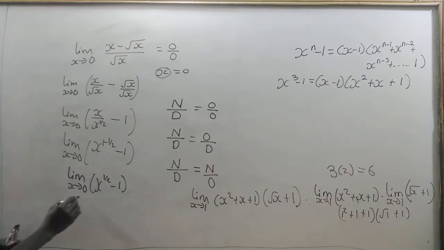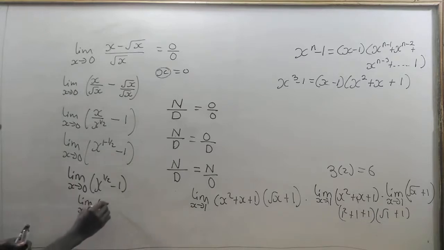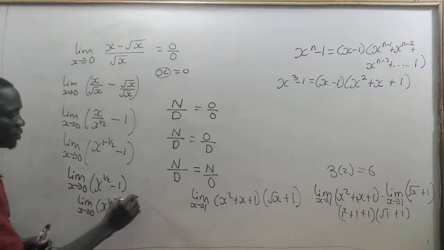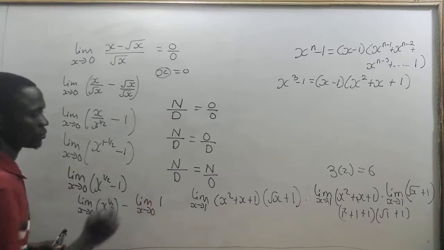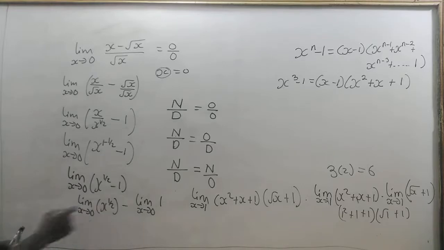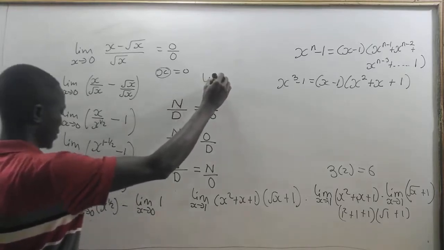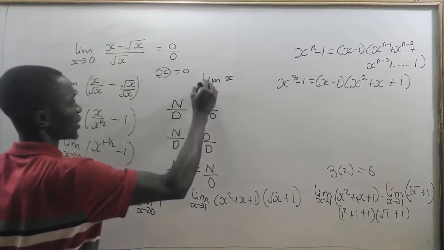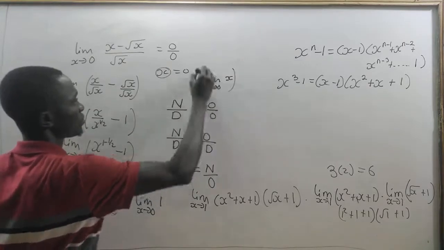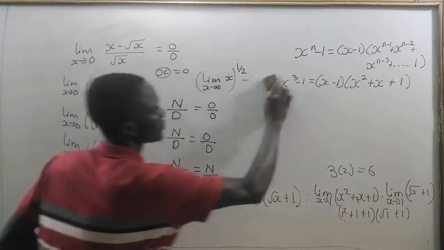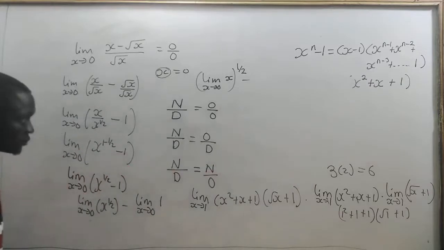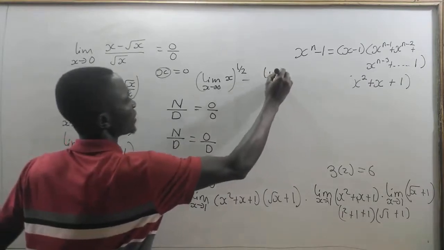And this is the same as the limit as x approaches 0 of x to the power half, minus the limit as x approaches 0 of 1.